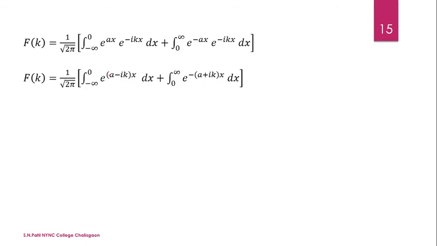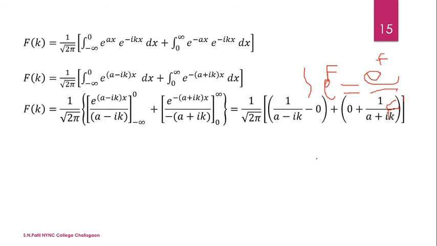And we know that the integration of an exponential function is the exponential function divided by the derivative of the function. Similarly here, the integration of the exponential function is the exponential divided by the derivative. Now the limits are minus infinity to 0 here and 0 to infinity here.